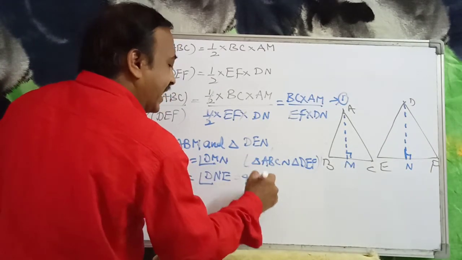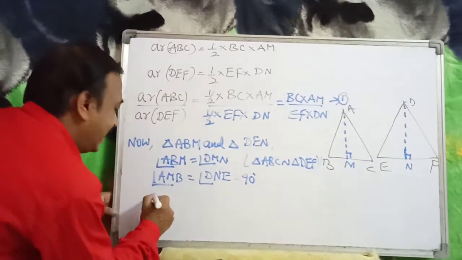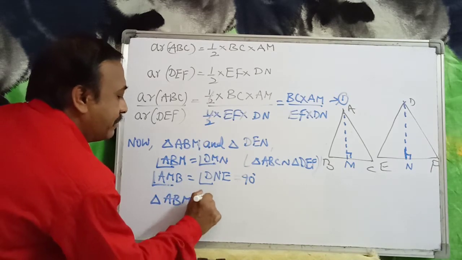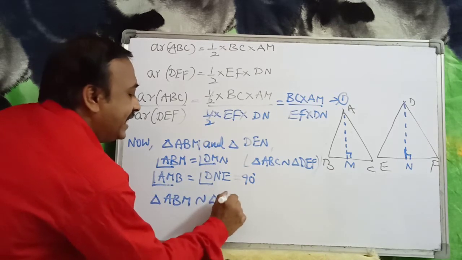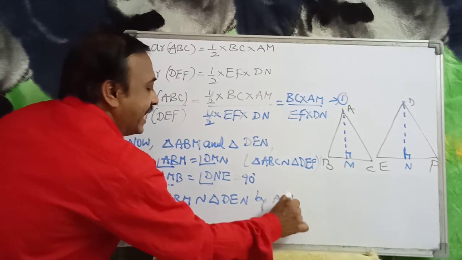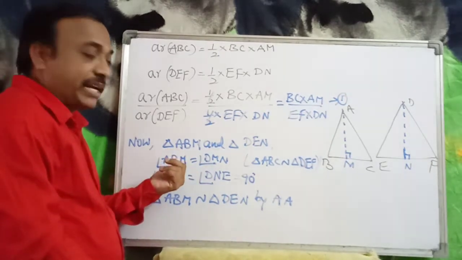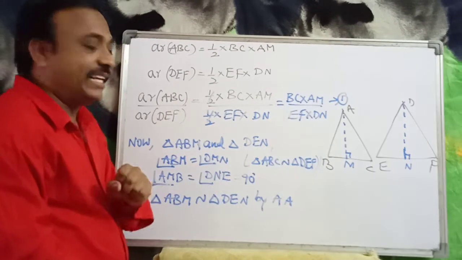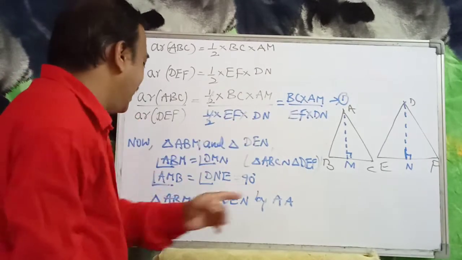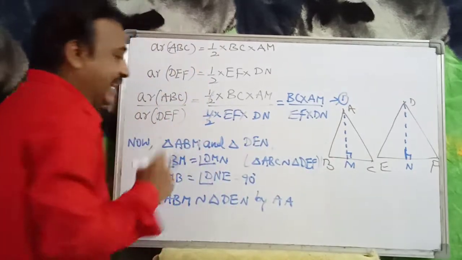So by AA similarity, triangle ABM is similar to triangle DEN. This is because triangle ABC is similar to triangle DEF, and by construction both angles are 90 degrees.